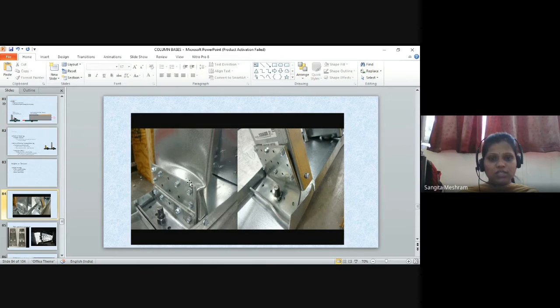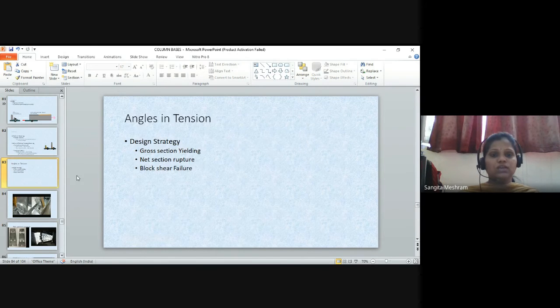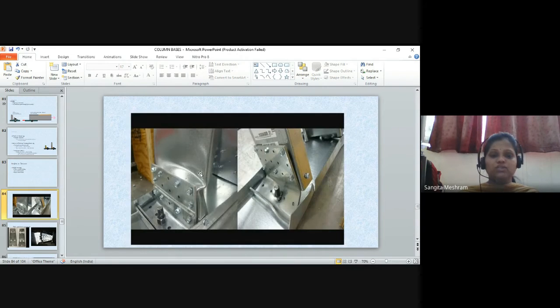This type of failure is called gross section yielding. Okay, the gross area is yielding. That means the cross section changes. We have to consider this type of failure while designing the tension member. So this is the first failure, gross section yielding.